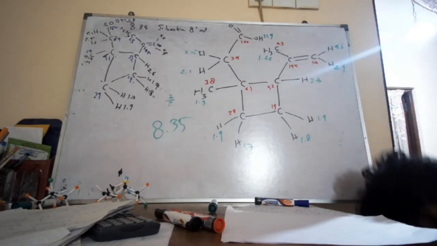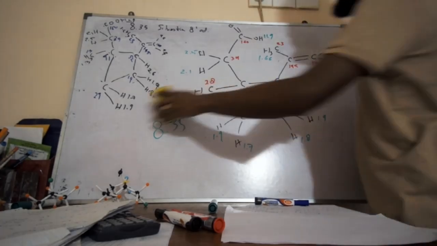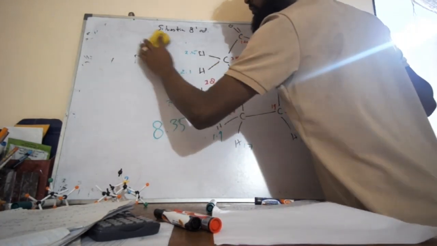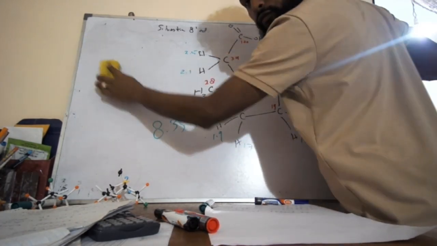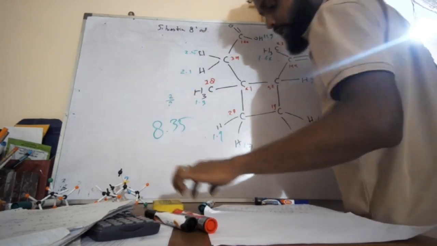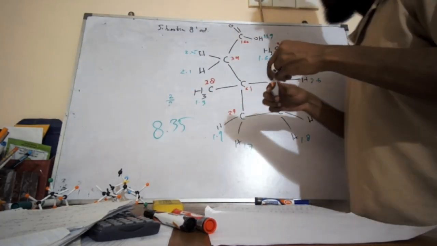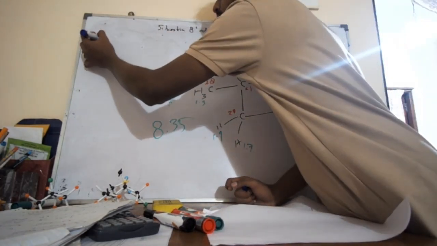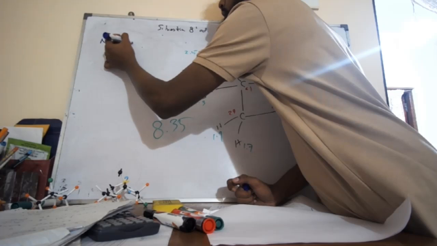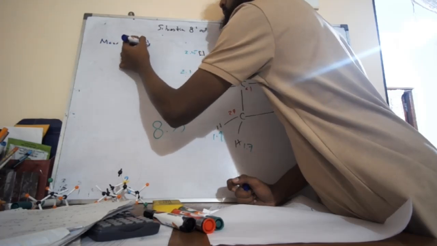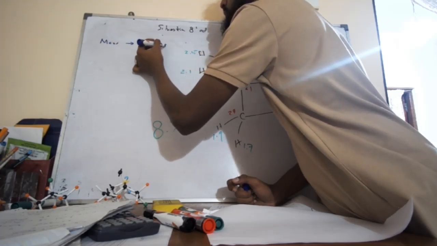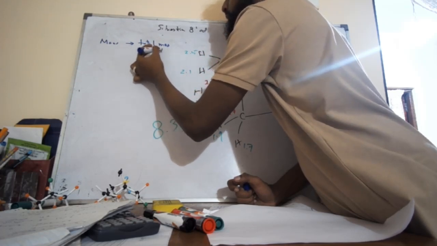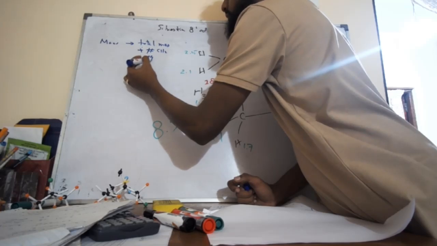So the workflow that I used, I could describe it like this. I'm going to erase this structure that I earlier drew. I could describe the workflow that I use in general. So for the mass, you get the total mass plus the number of CH2 equivalents, right?